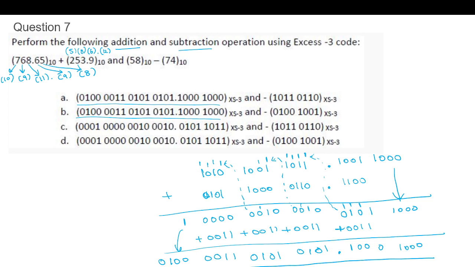Any doubts in this XS3 addition? Okay, if no doubt, then we will go for the second part of the question, which is 58 minus 16. So now this will be minus 4 and 9, XS3. This is 8, 11, minus 10, 7. So now 74.